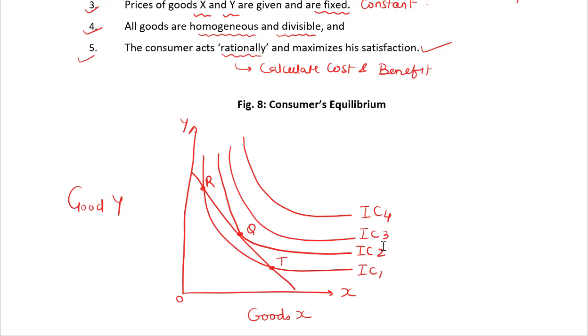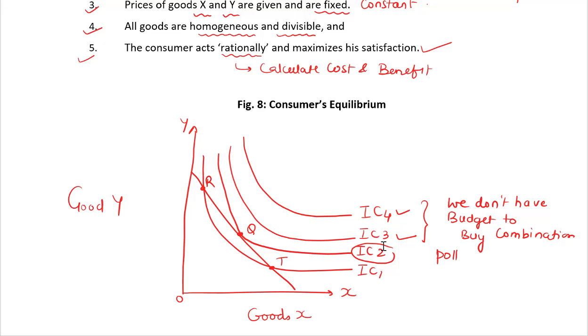So as a rational consumer, as a consumer who wants to be in equilibrium, we'll be choosing IC2. Why? Because for IC3 and IC4, we don't have the budget to buy the combinations plotted on IC3 and IC4.